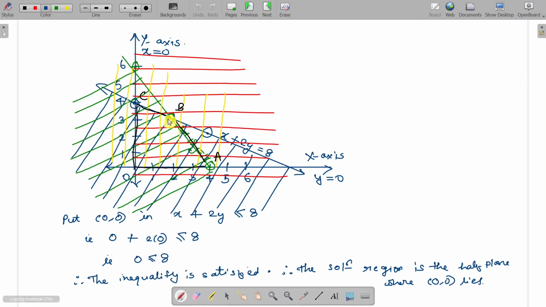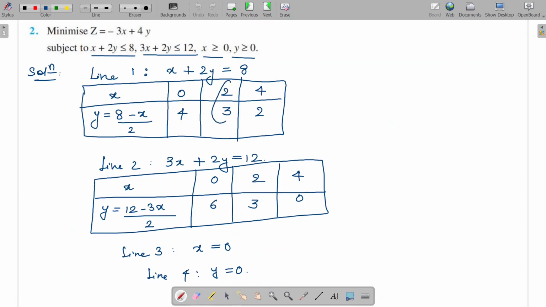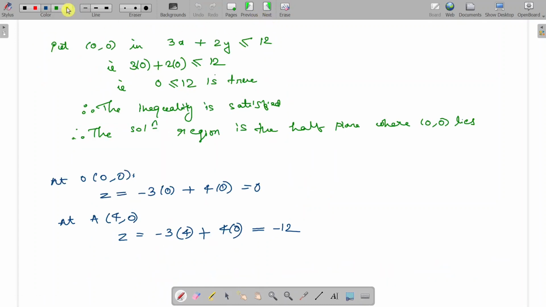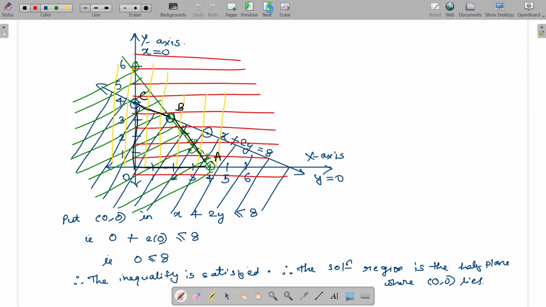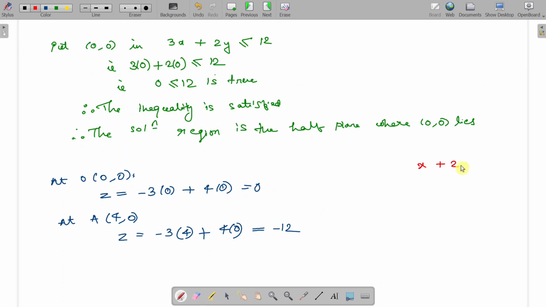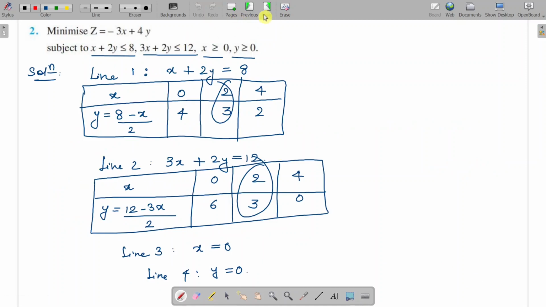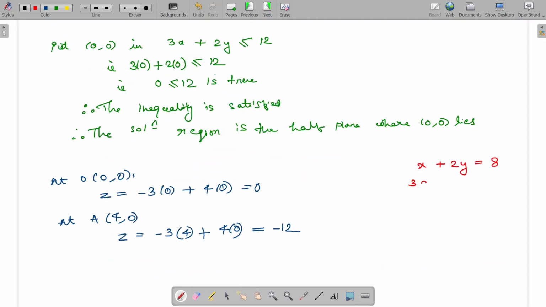Now we have to find the point B. So point B is this, right? It is 2 comma 3 actually. You can see the common point is 2 comma 3, but still we will find it by the simultaneous method. So first what we have is x plus 2y equal to 8 and 3x plus 2y equal to 12. If we change the sign, so this gets cancelled.